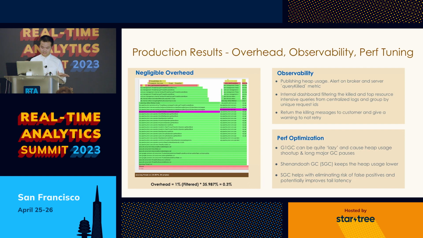This can cause heap usage to shoot up and long GC cycles, which will increase the tail percentile, like high percentile latency. Meanwhile, it will sometimes trigger false alerts and unnecessarily kill some queries. Therefore, we adopted Shenandoah GC, which gracefully solved these problems for us.